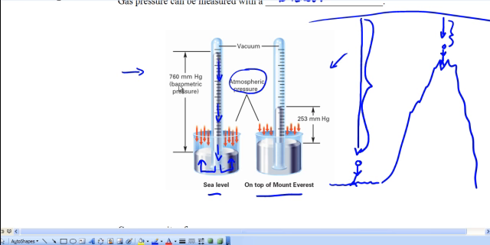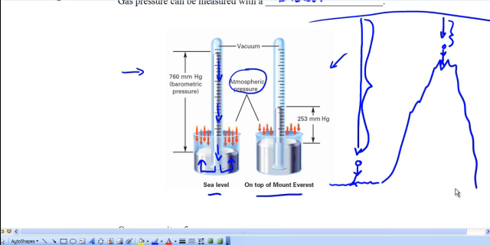And in fact, on average, the pressure at sea level is 760 millimeters of mercury, meaning the mercury level in the tube will be 760 millimeters high. On top of Mount Everest, that value is only 253 millimeters of mercury because you only have a little bit of air pressing down on you or pressing down on this pan.